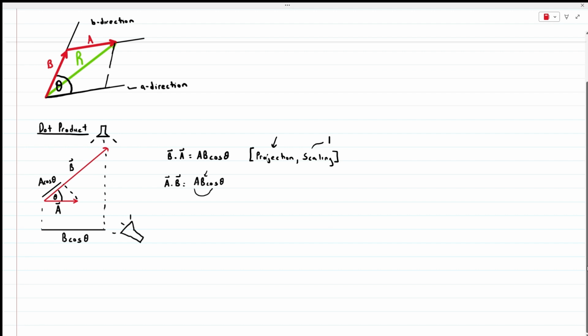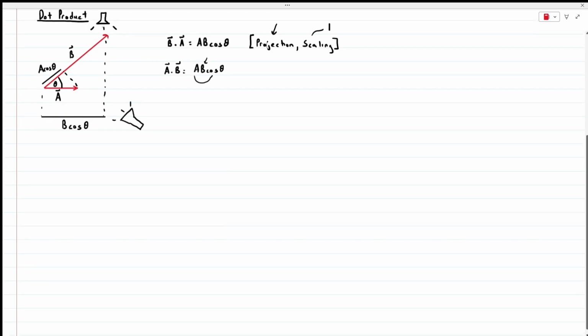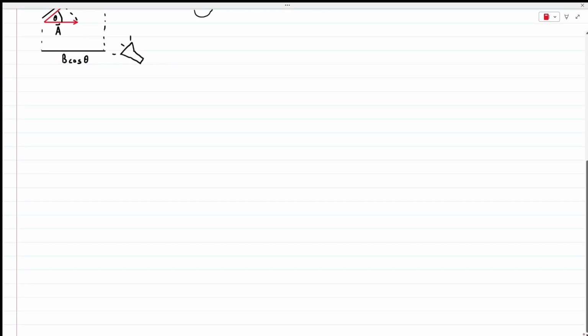Let's say we had another scenario where we had a vector b. The length of b is not equal to 1, and then we have a vector a, where the vector a is exactly equal to I hat. Let's just draw this I hat here.